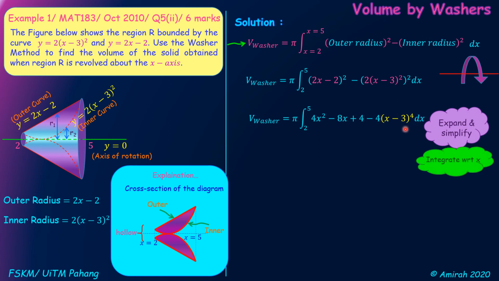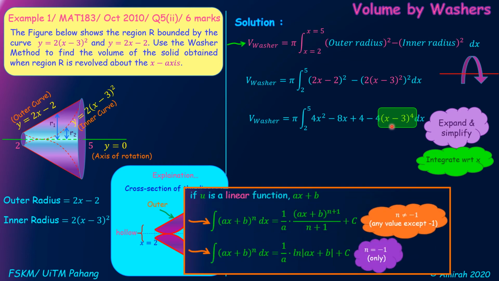After that, we need to integrate with respect to x. For (x minus 3) to the power of 4, we do not need to expand, because we can integrate using u substitution.